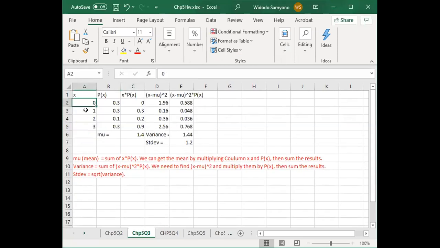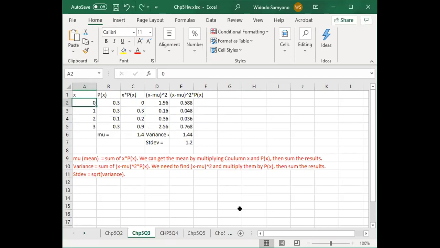Right click there or click paste. It looks like you cannot copy this. Let me try again. Still cannot do it.